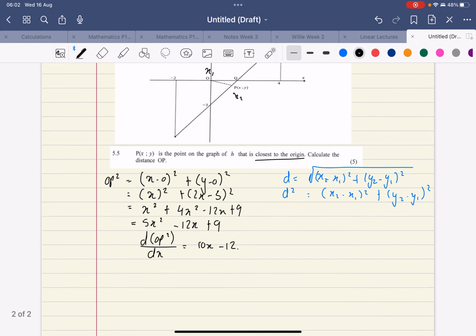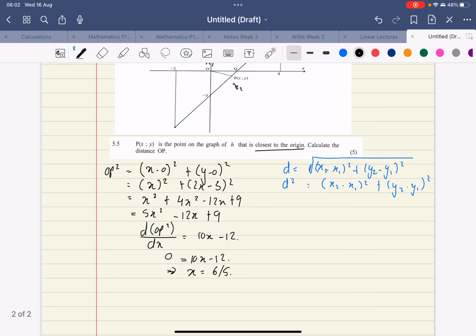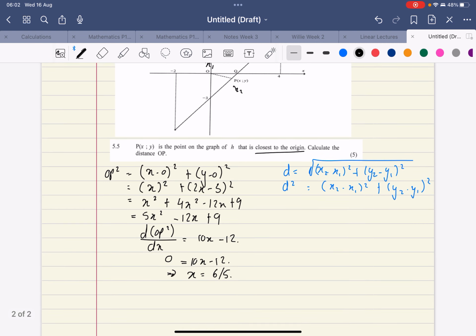Okay, and we'll set that equal to 0, which means that 10x minus 12 is equal to 0, which means that x is equal to 6 over 5. Cool. So now we've got the x value for which OP squared is minimized.